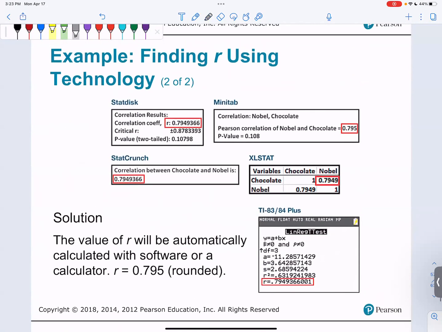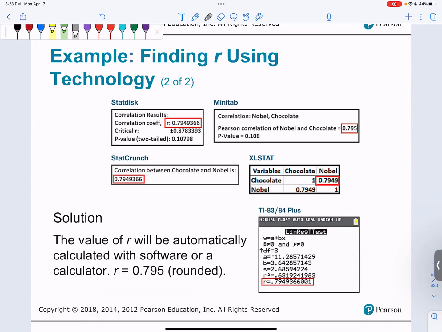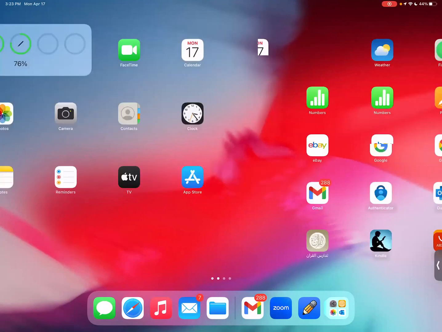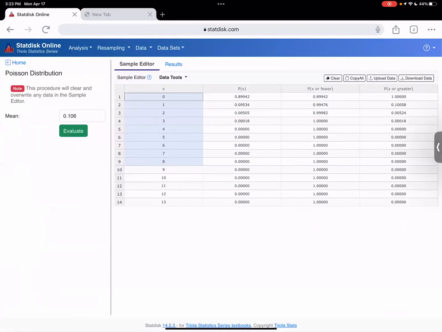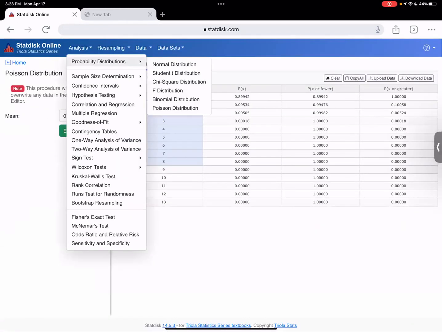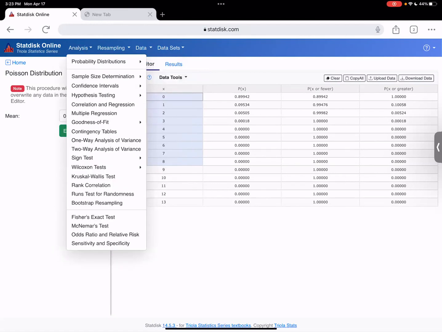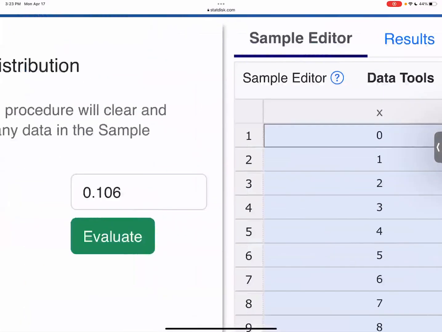Now, by using technology, we can find those values. Let me go and find this using technology. So come here, analysis. Go until you find correlation and regression.